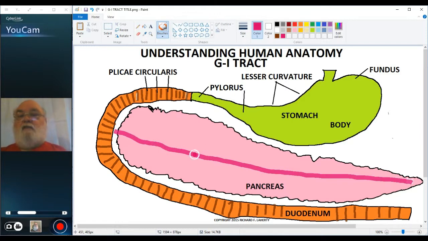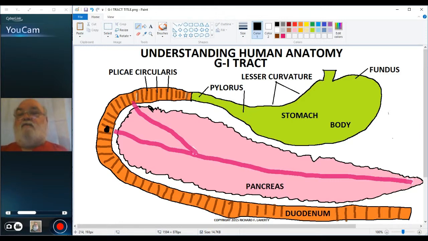And you will find it has a second duct which looks like a branch, like so. And we're going to see right here about the middle of the C-shaped bend of the duodenum, there is a bulge and an opening.